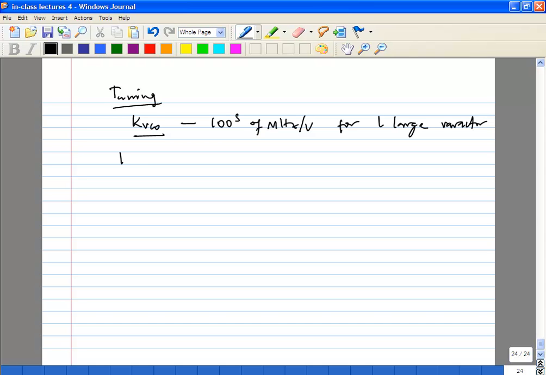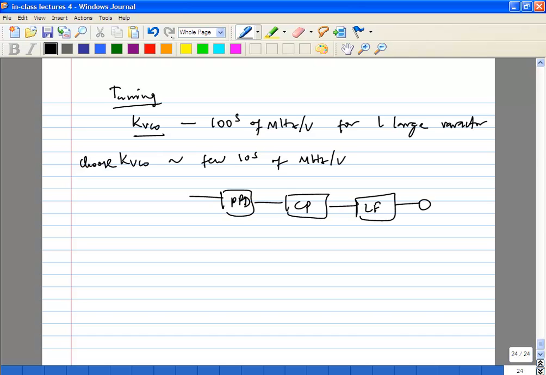So normally, at least for wireless applications, you would have to choose a KVCO of a few tens of megahertz per volt. You don't want anything much higher than that. Obviously the other reason is, so this is the model.